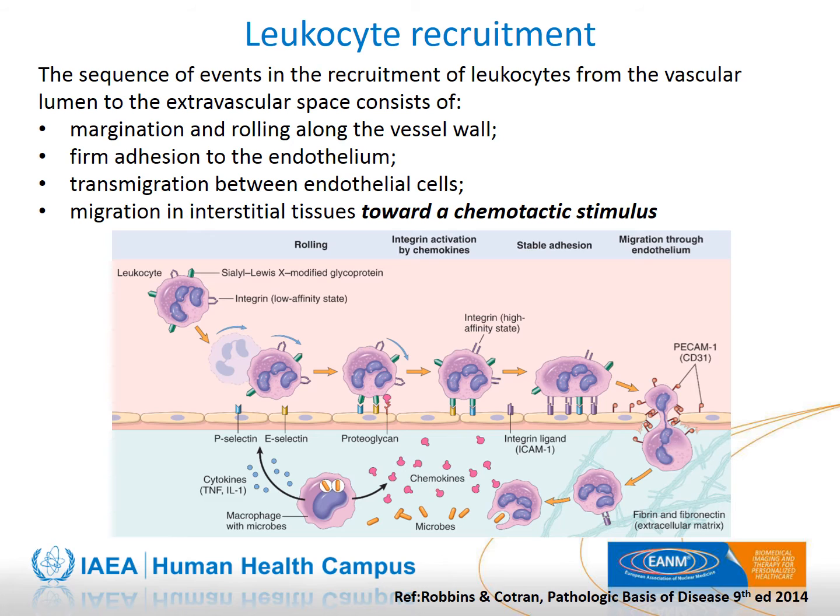Leukocytes, once activated by a stimulus, roll towards the vessel wall and then adhere to it. Once they've adhered to the wall, they can then slip out through the margins and the gaps in the endothelial lining we saw earlier and then migrate towards a chemotactic stimulus in the tissue provided by the cytokines.